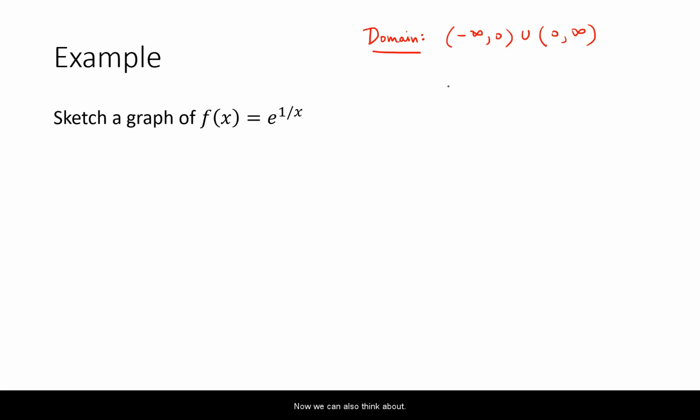Now we can also think about when the function is increasing, when it's decreasing. We can also think about what its x and y intercepts may be. In fact, let's figure out what its intercepts are first before we start analyzing its derivatives. By setting x equal to 0, we get its y-intercept. In this case, doesn't exist.